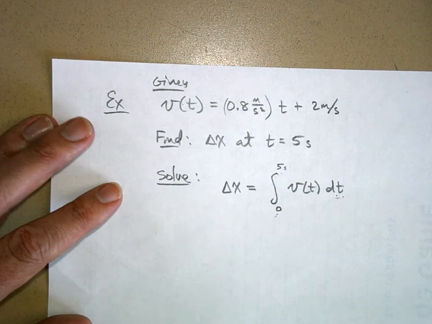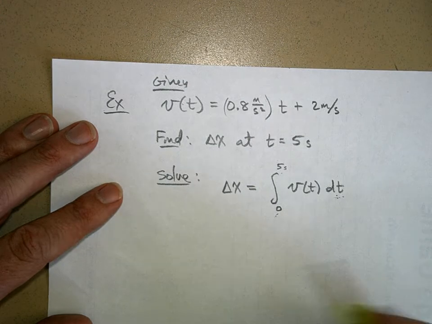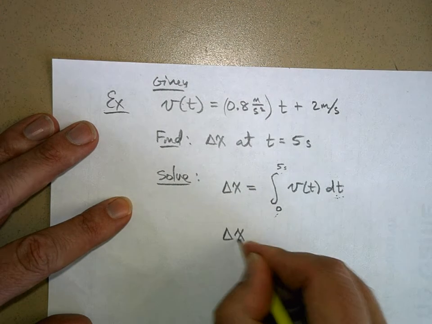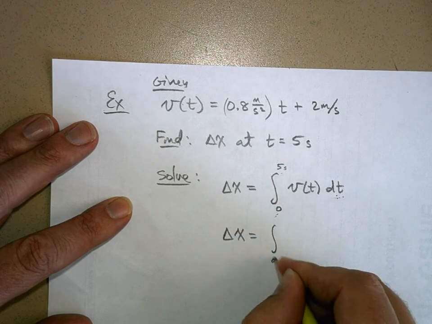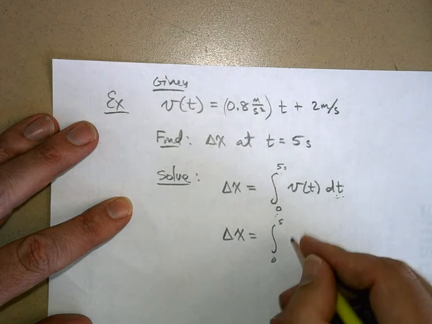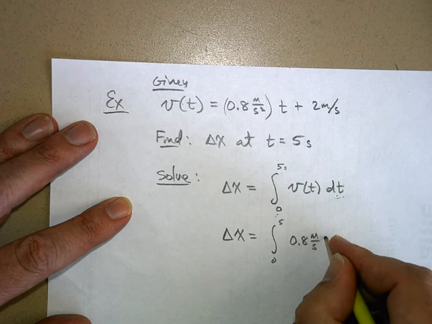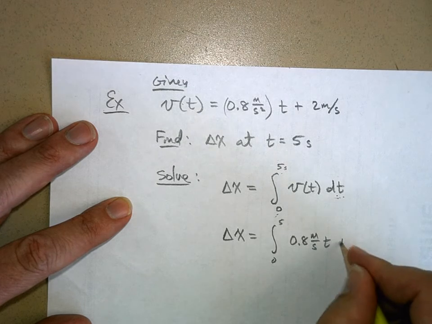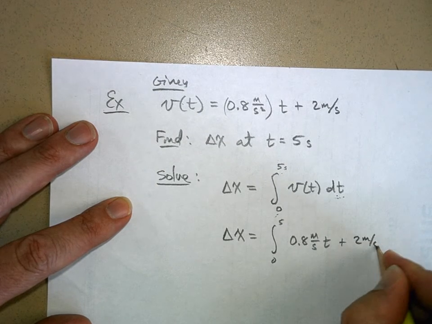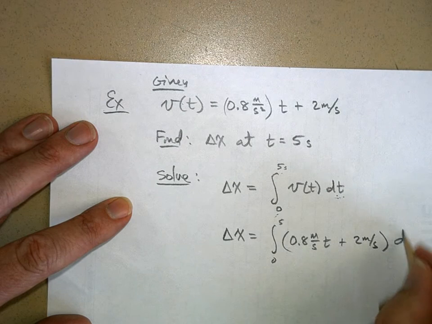Now what I'm going to do is plug in my equation, 0.8 meters per second squared times time plus 2 meters per second, and I'm going to multiply all of that by dt.